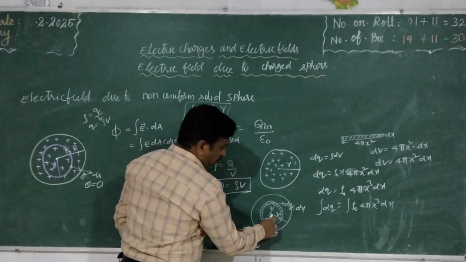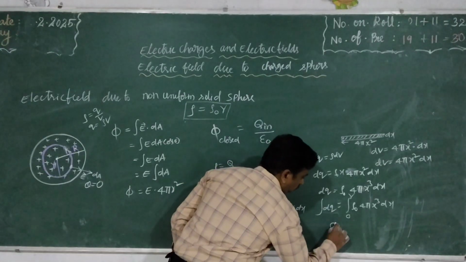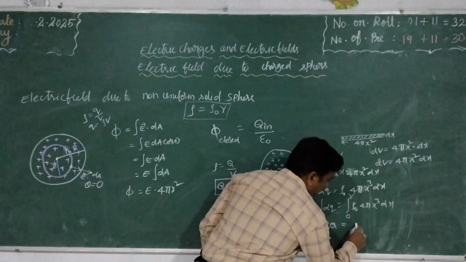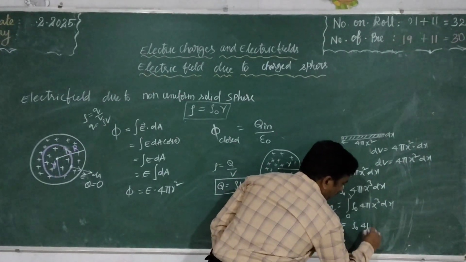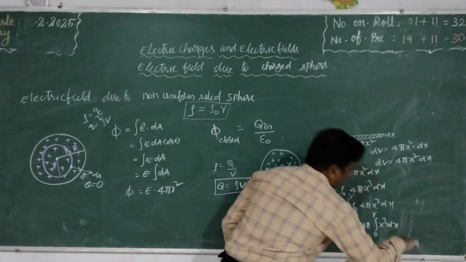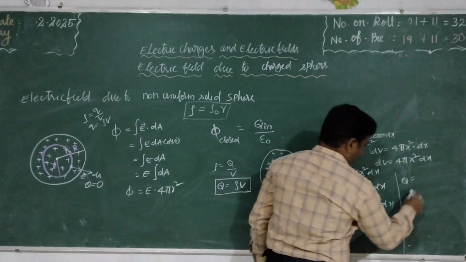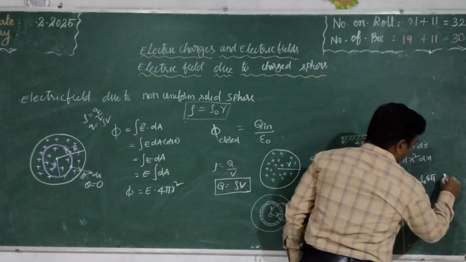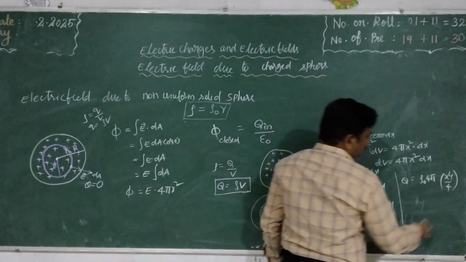The interval is 0 to the distance r, so we write 0 to small r. So q equals the integral from 0 to r, with rho naught and 4 pi constant, leaving x cubed dx. q equals rho naught 4 pi times x to the power 4 by 4, from 0 to r.